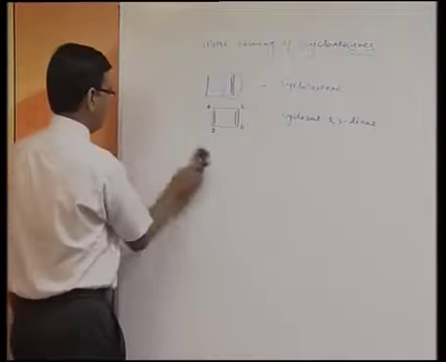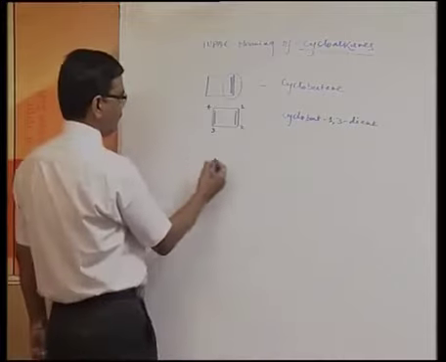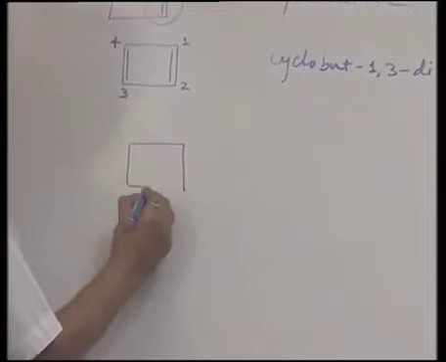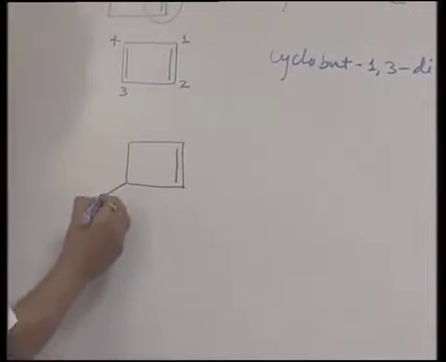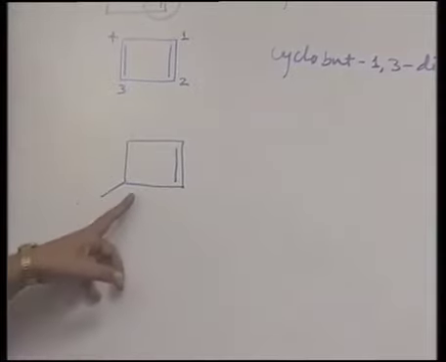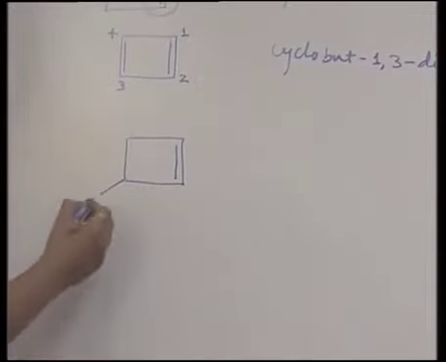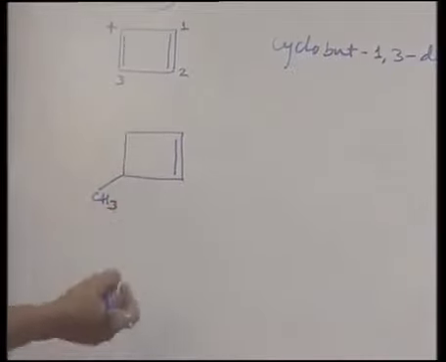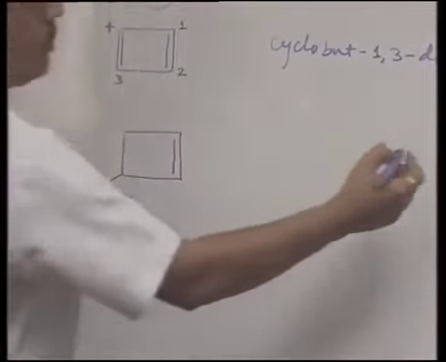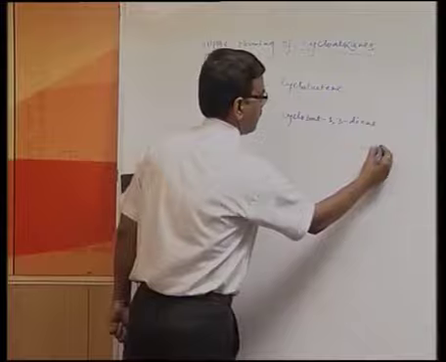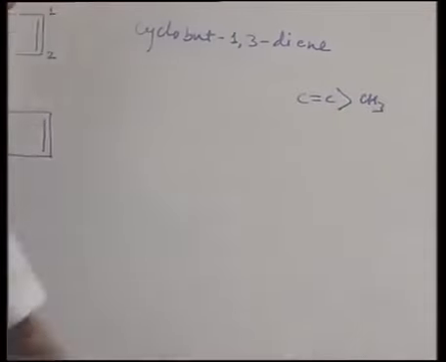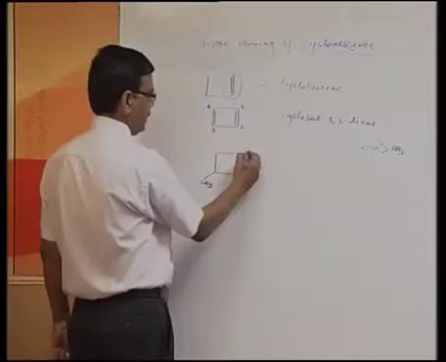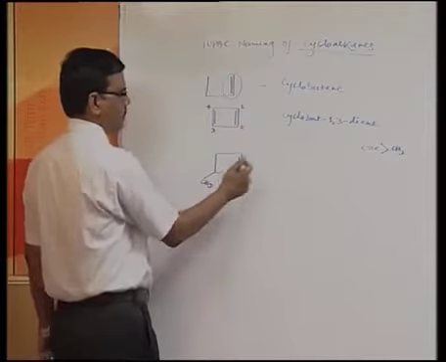Another example, you see, suppose the compound is written like this. What is the meaning of this compound? This line represents the methyl group, and you have to start the numbering from the alkene itself, because we have a rule that the alkene group has higher priority as compared to the methyl group. So the higher priority group should get the least number, and the numbering will start from 1, 2, 3.